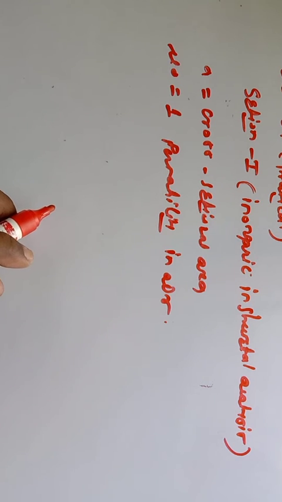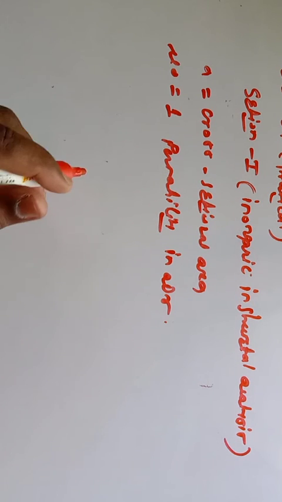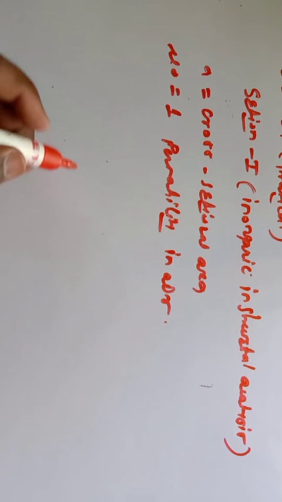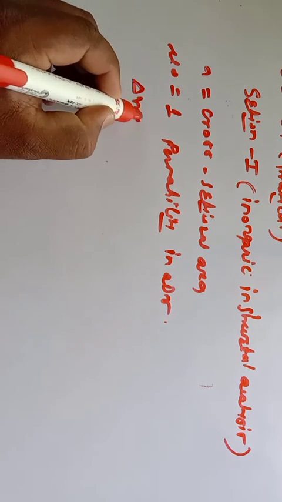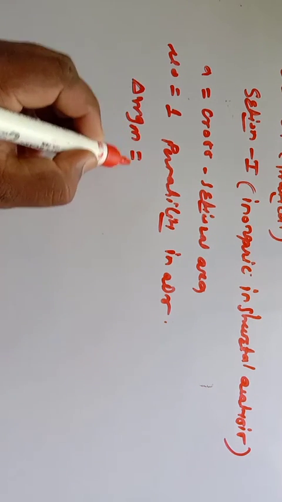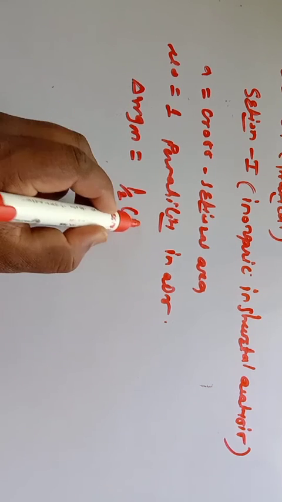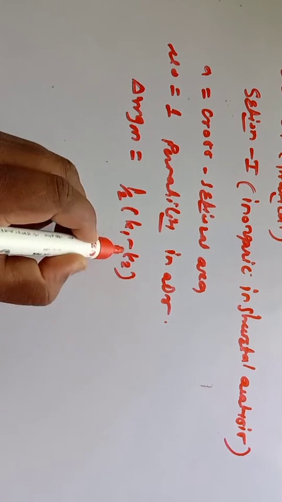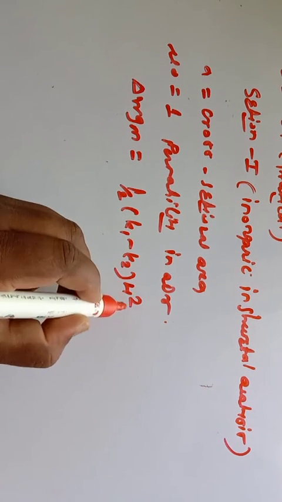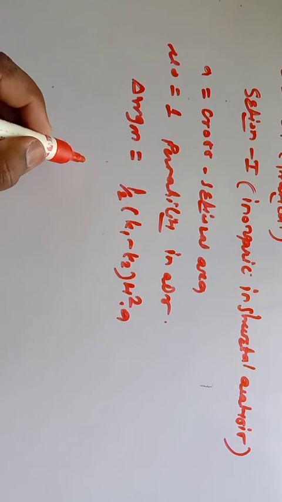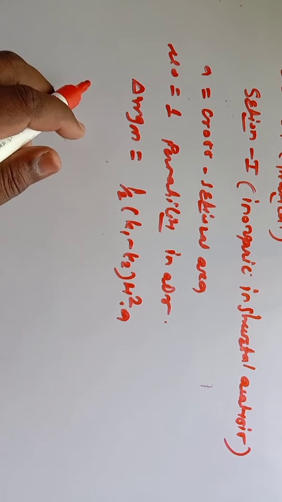So from these two equations, equation 1 and equation 2, we can write delta W gram, which is equal to half (k1 minus k2) H square into A, because mu 0 is equal to 1, the permeability in air is equal to 1.